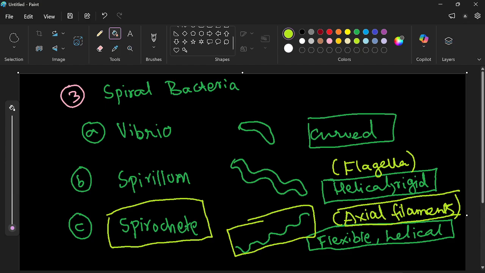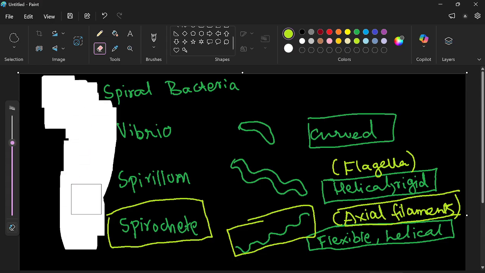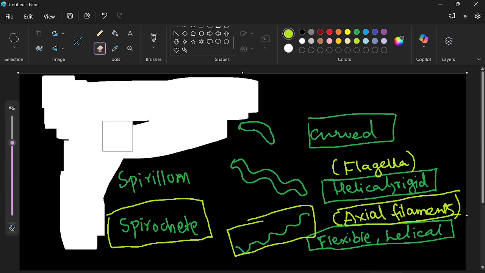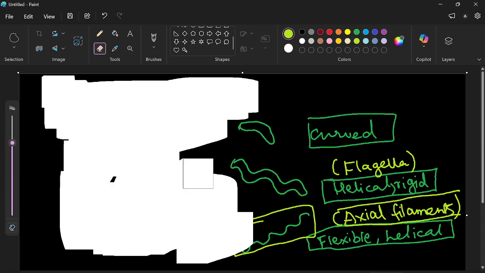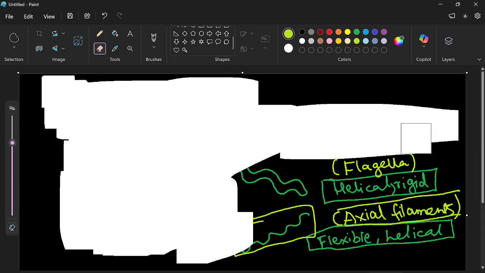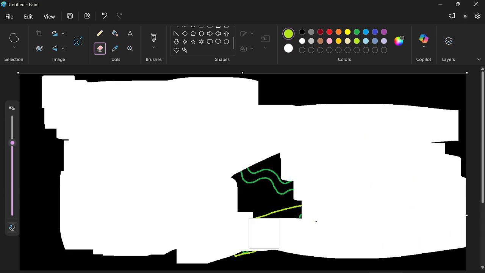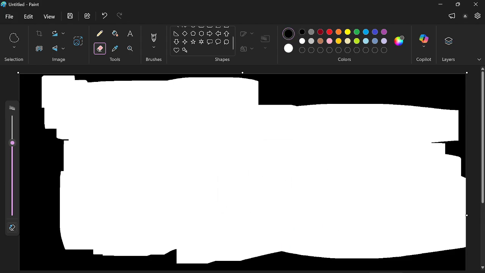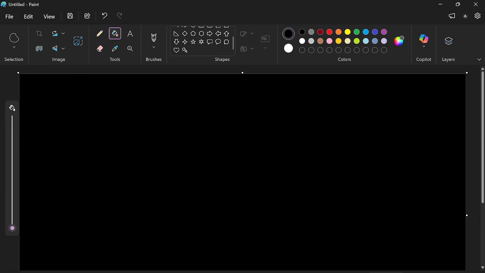So now I'll be discussing the rectangular shaped and the star shaped bacteria I had just mentioned, and then we're all good. Okay, so now the star shaped and the rectangular shaped bacteria.